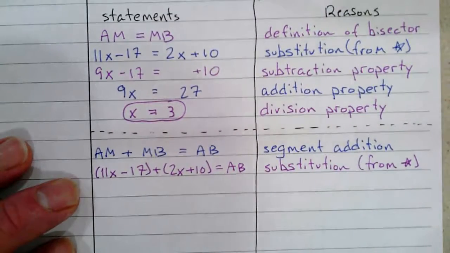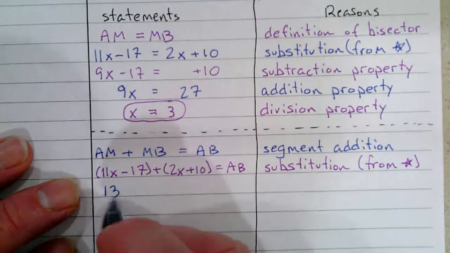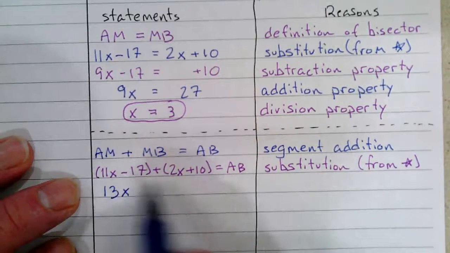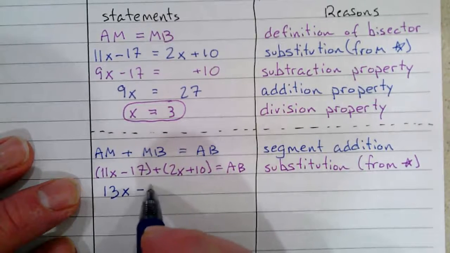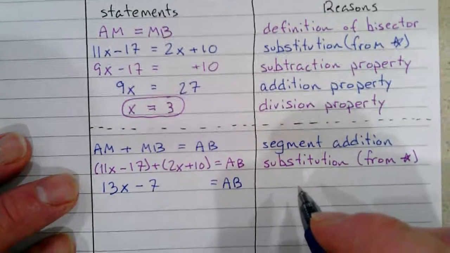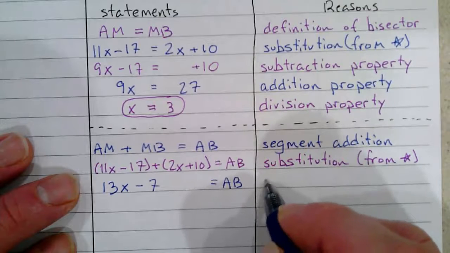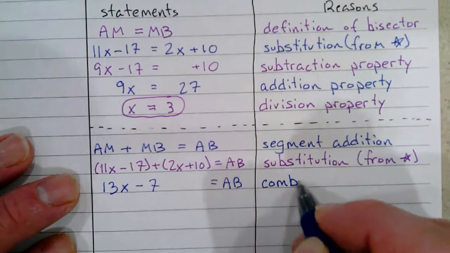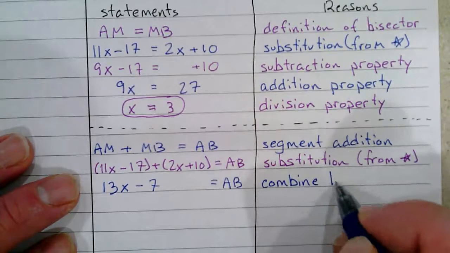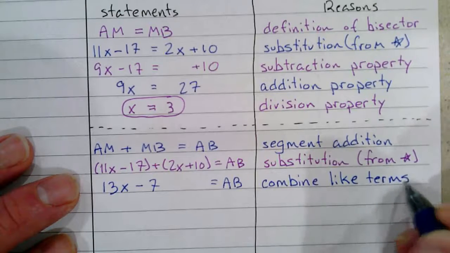Now I'll have to combine some like terms. 11x and 2x, that's 13x. And negative 17 and positive 10, that's negative 7. That would be combine like terms.